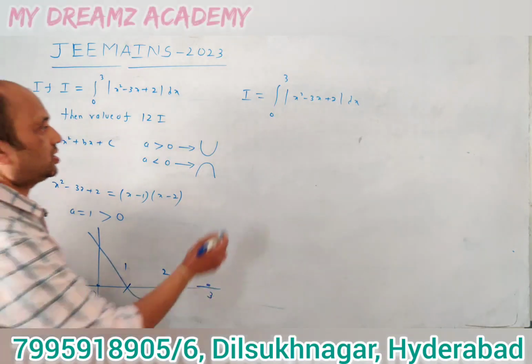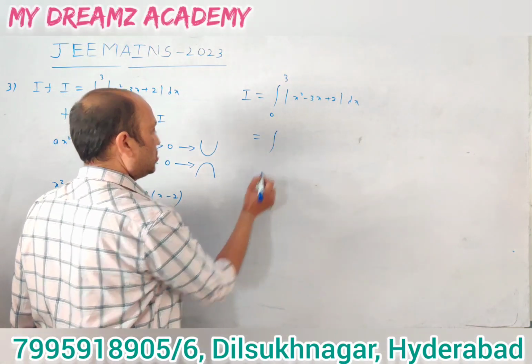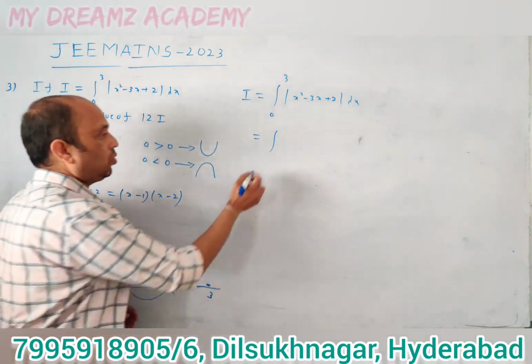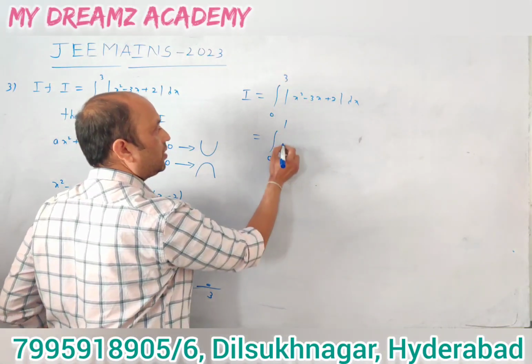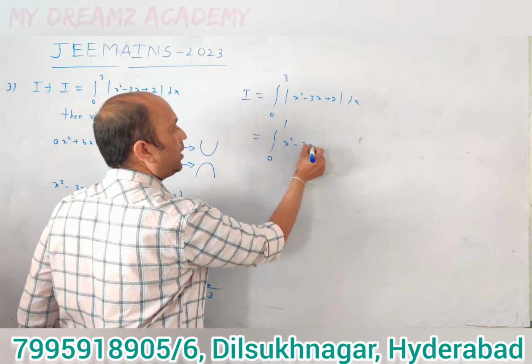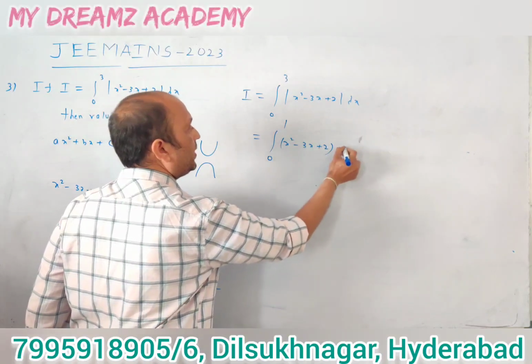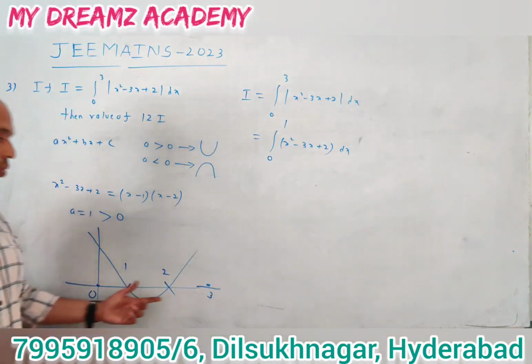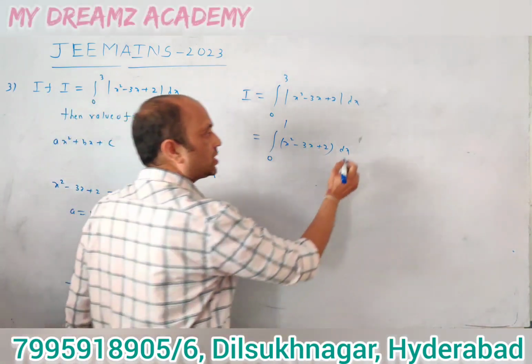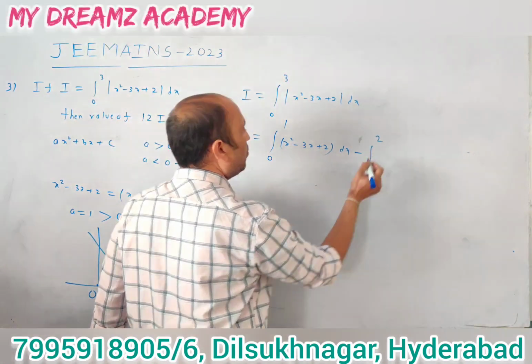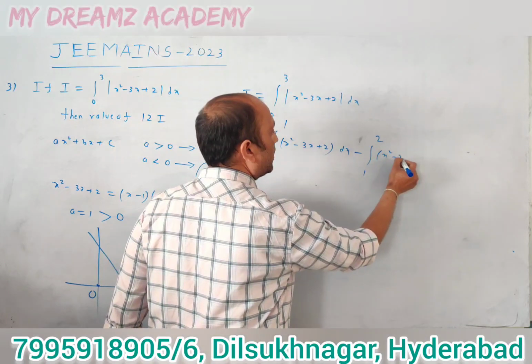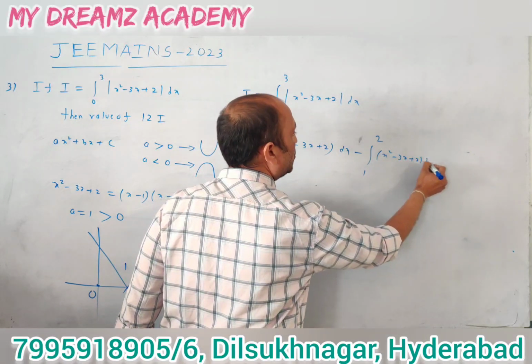So 0 to 1, the given curve is positive, x square minus 3x plus 2 dx, and 1 to 2 is negative, so we select the negative, minus integral 1 to 2 of x square minus 3x plus 2 dx.